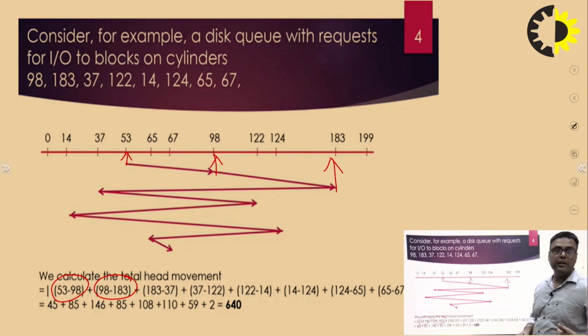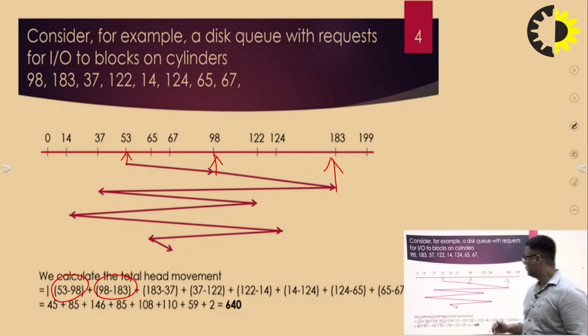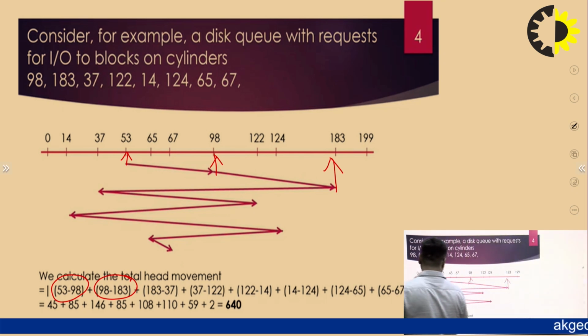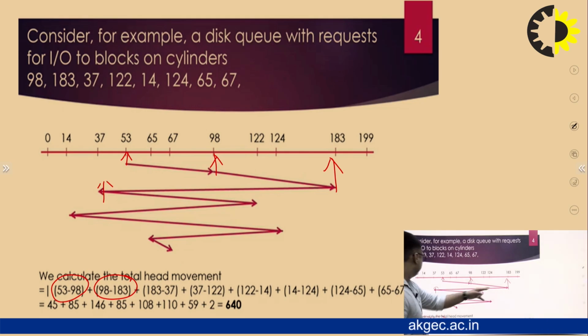Next the head position is 183, and data is required from position 37. So the head moves to position 37, that means head movement is 183 minus 37.